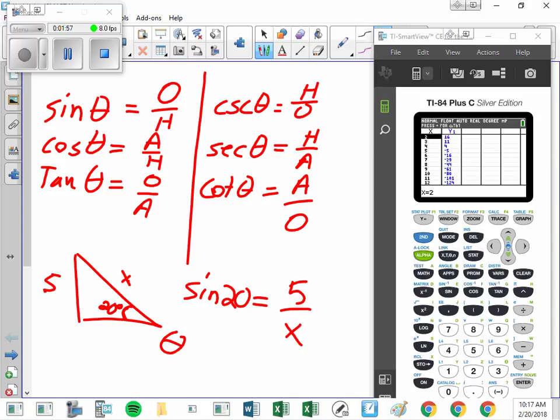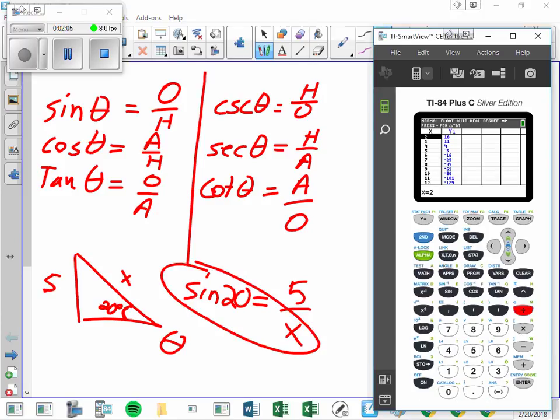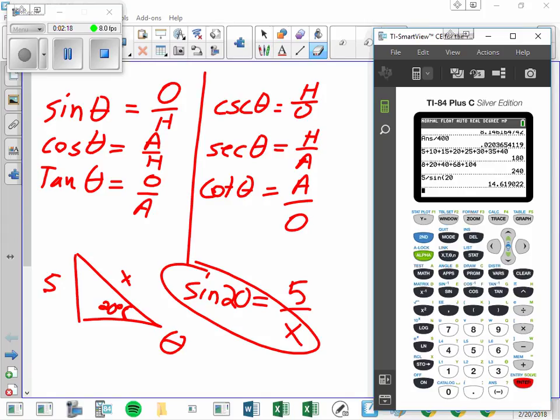Now this is a switch problem where the variable's on the bottom, so we just switch places with those. And I get 5 divided by the sine of 20. Does everybody remember how to do those? Okay.